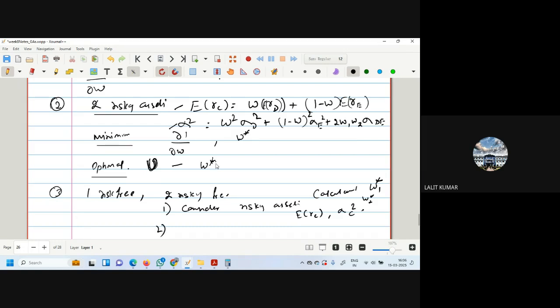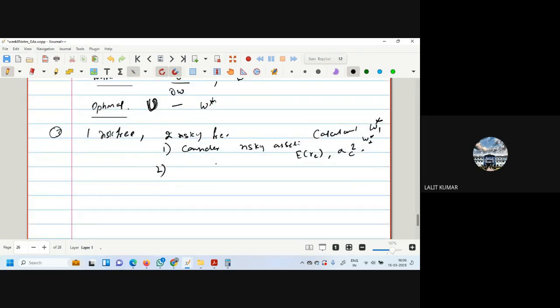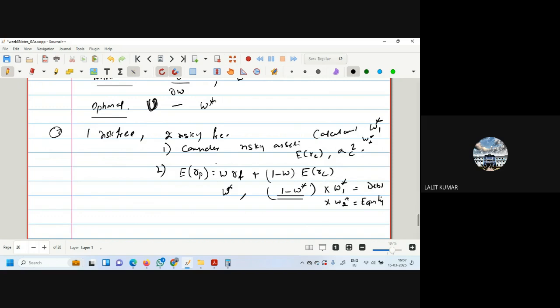Now, using this, you find the entire portfolio: RP is equal to W into RF plus (1 minus W) into this ERC which you have calculated. So from here you will get the W star, and you will get 1 minus W star for the risky portfolio. And when you multiply it with W1 star and W2 star, you will get the weights for debt and equity. Is this understanding okay?